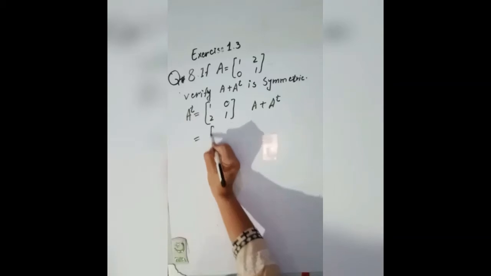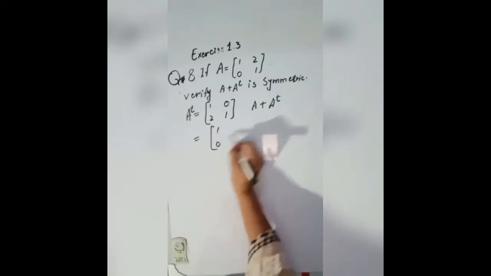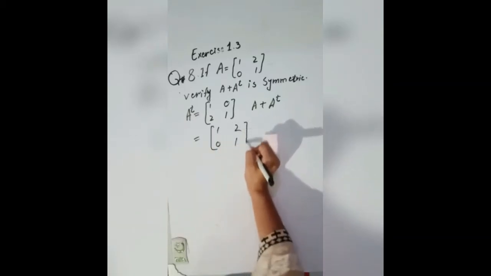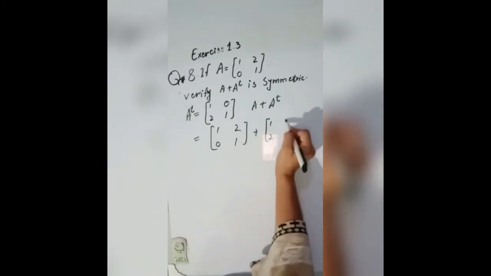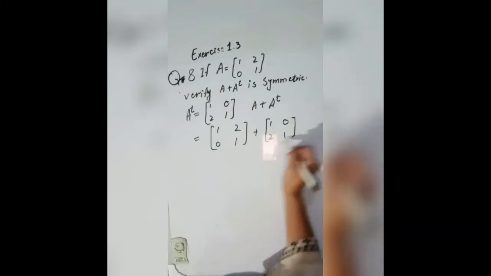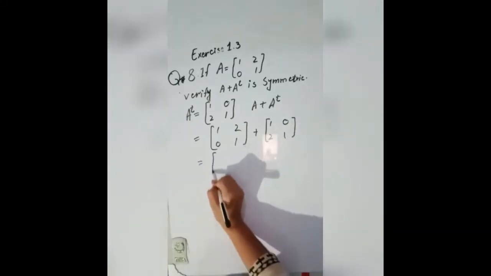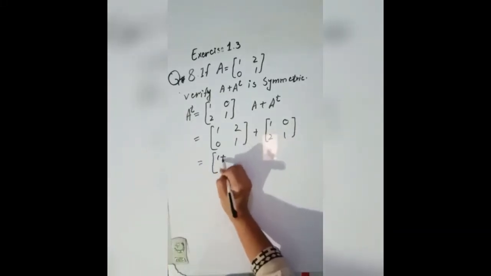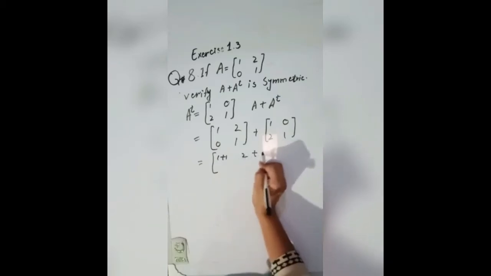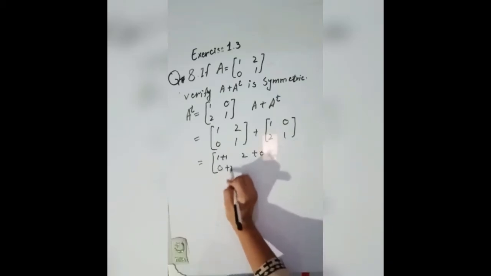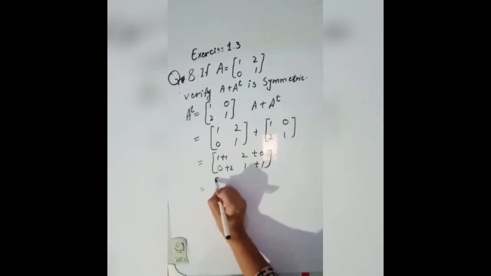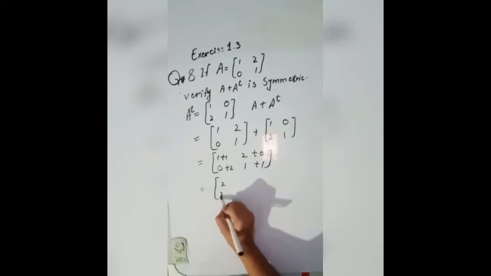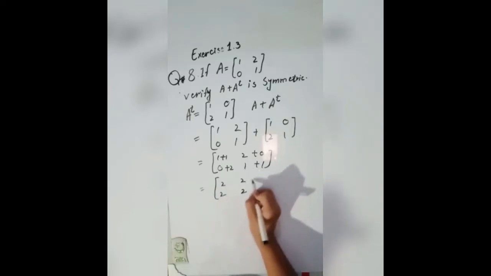For this, A 1 0 2 1 plus A transpose is what? 1 2 0 1. Add the corresponding entries. 1 plus 1, 2 plus 0, 0 plus 2 and 1 plus 1. We got 2, 2, 2 and 2.